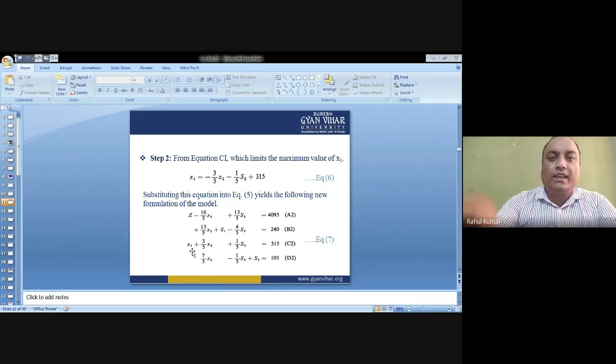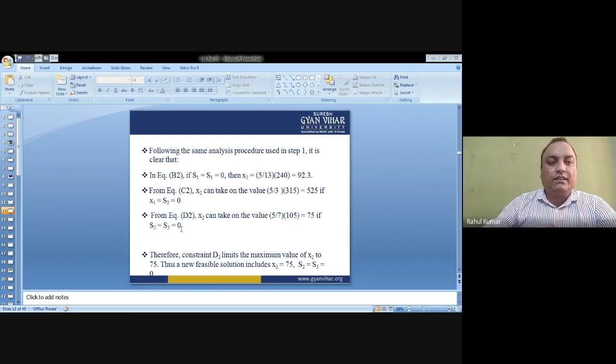Similarly, x1 plus 3/5 x2 plus 1/5 S2 equal to 315, and 7/5 x2 minus 1/5 S2 plus S3 equal to 105, right? These are the transformed equations in terms of x1.